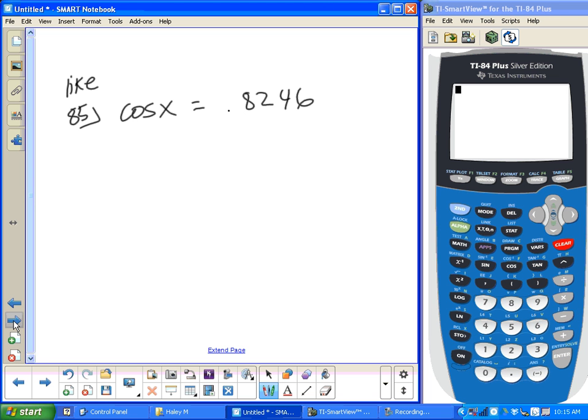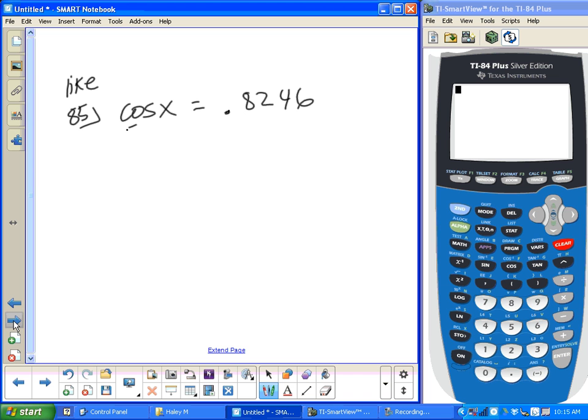Now, what will we punch in the calculator, you think, to get it? Because I certainly don't know where 0.8246 is on my unit circle. That's not one of my nice values. So how did we find missing angles? How can I undo the cosine?